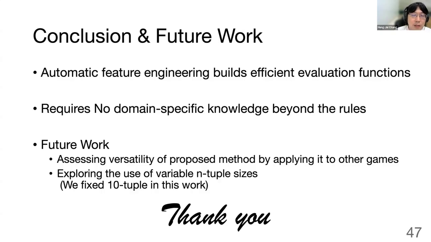But we also know that in Othello, the region is quite important. So if it's possible to consider the exact location on the game board rather than uniformly random n-tuples, do you think it's meaningful, or do you think the current random uniform solution is already quite good?